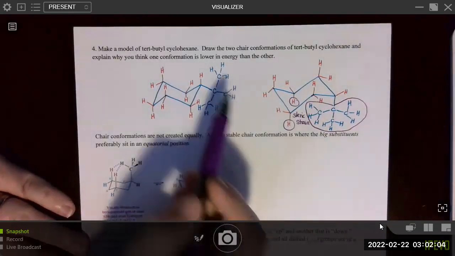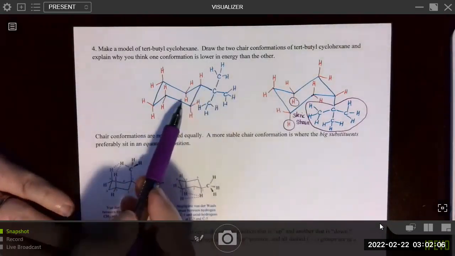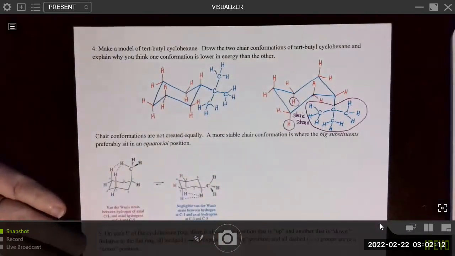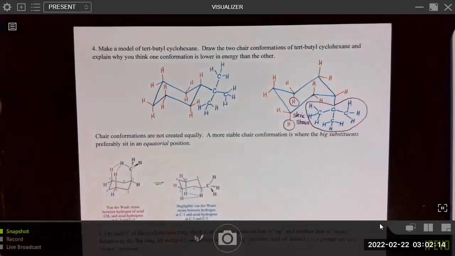Right? Whereas the hydrogens are much further away from those axial hydrogens, or any other hydrogens actually, in an equatorial position. And again, it can be much easier to see this in a 3D model than on 2D paper.